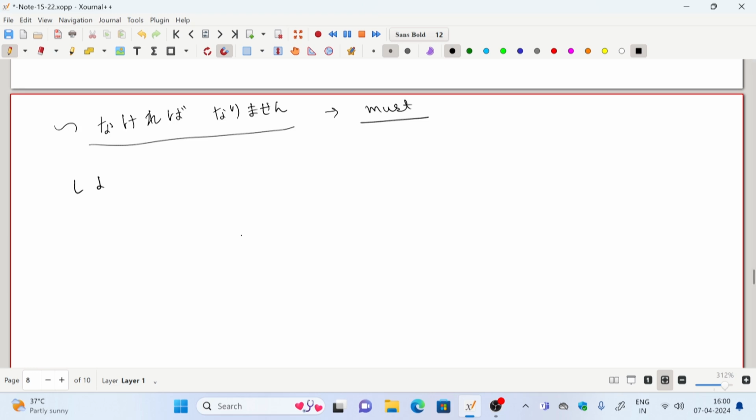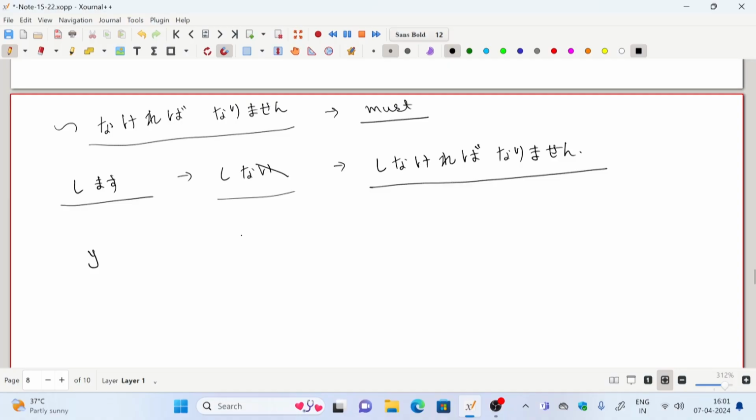Shimasu, the nai form is shinai. Here we'll cut i and add kereba. Shinakereba narimasen. Literally it means if you don't do this, it will not work. So you must do this.